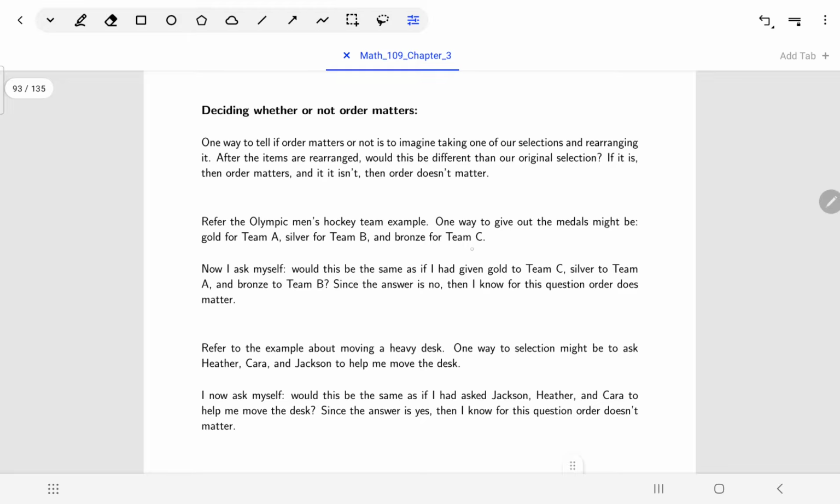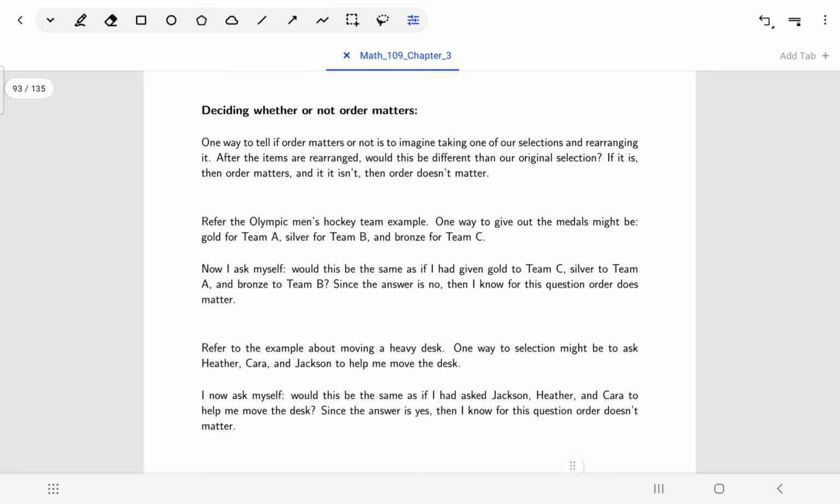And now I'll ask myself, if I changed the order of those 3 teams, would that be different? So would it be different if I gave Team C the gold, Team A the silver, and Team B the bronze? Yeah, that'd be a very different award ceremony for the Olympics. So yes, it does matter what order I pick the teams in. This is something where it wouldn't just be a combination, where it would be a factorial, or a permutation.